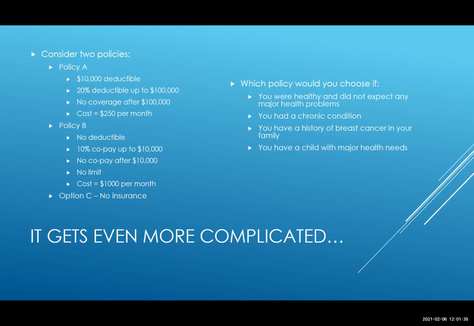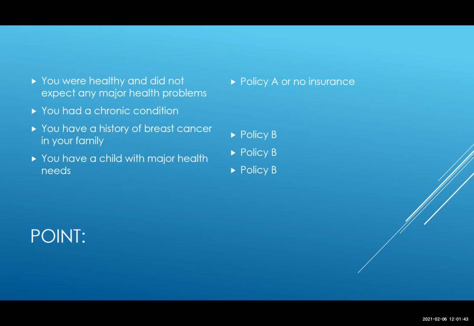You're going to be looking at Covered California and trying to figure out which insurance plan to choose, right? So if you're expected to be healthy and did not expect any major health problems, you'd probably choose A or go without insurance, depending on how comfortable you were with either one of those.